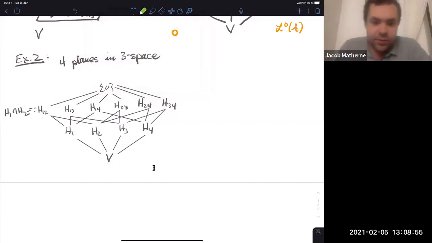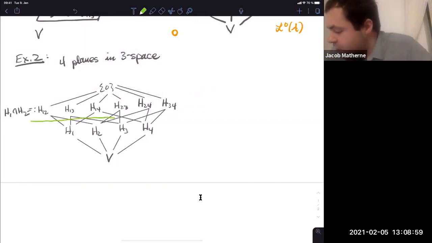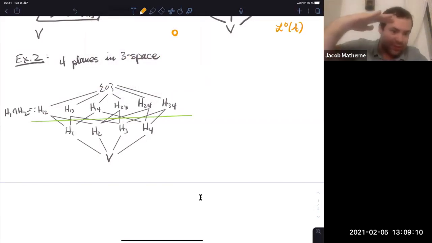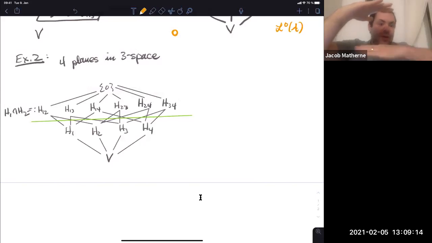And now I'm going to tell you what this top-heavy conjecture says. It says that if I draw a horizontal line through the middle of this poset, and I start at the top of the poset and go down some number of levels, but don't cross this green line that I drew, and then start at the bottom and go up the same number of levels, then there are more flats at this level than this level.